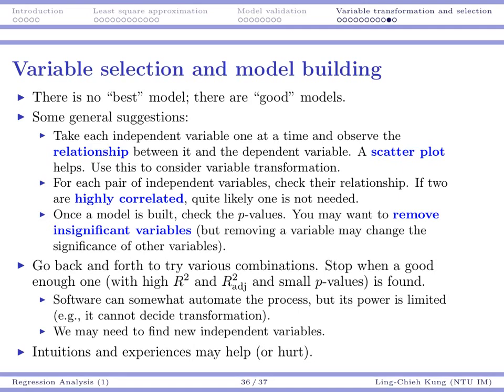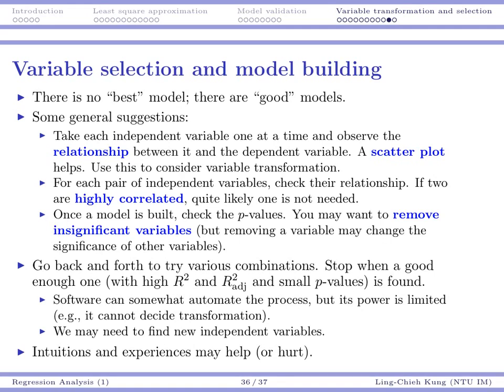One possibility is that in the scatter plot, you see there is really no correlation between the two variables. If that's the case, most likely you don't need to consider that in your regression model. If you can see some kind of pattern, then you check whether it's a linear pattern or not. If it's not, then you try a few variable transformations.